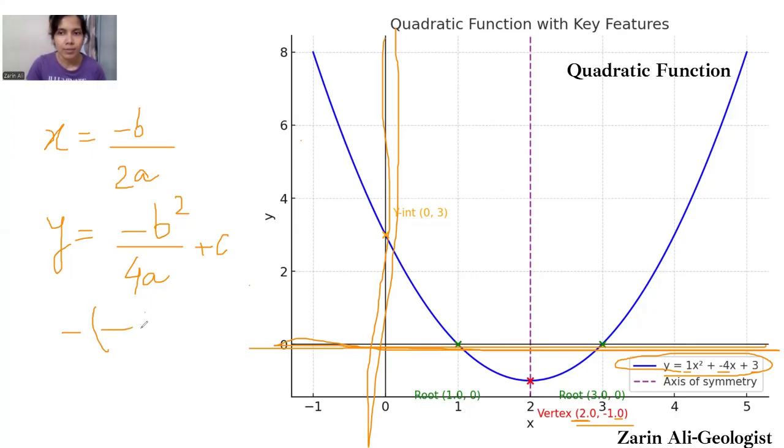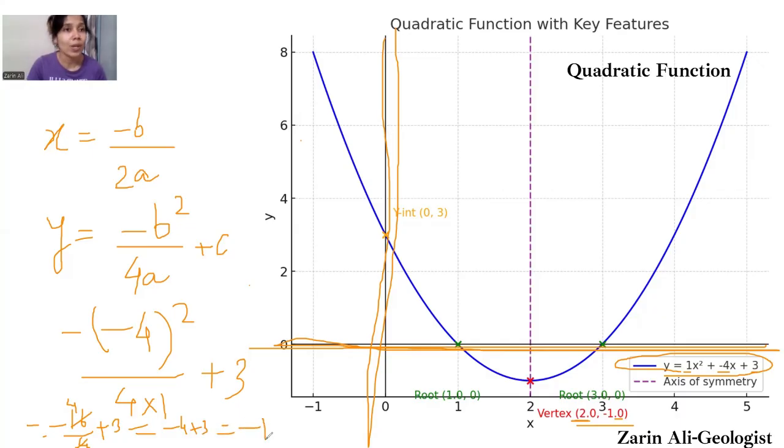So it's minus 4 whole square by 4 times a plus c, which is your 3. So what should you get? 4 fours are 16, minus 16 by 4 plus 3. So you're getting minus 4 plus 3, which equals minus 1. Cool. So my programming script gave me the right result, which means the calculation is correct. Happy. And I'm getting the vertex as 2 comma minus 1.